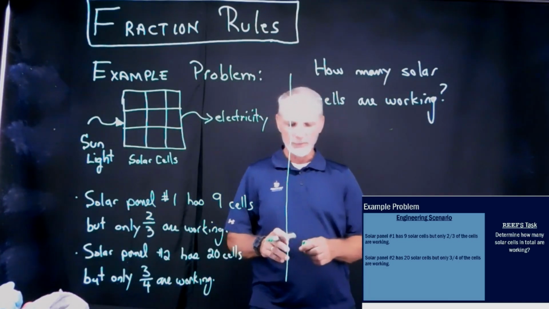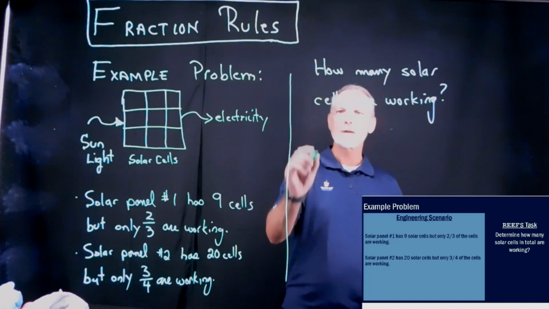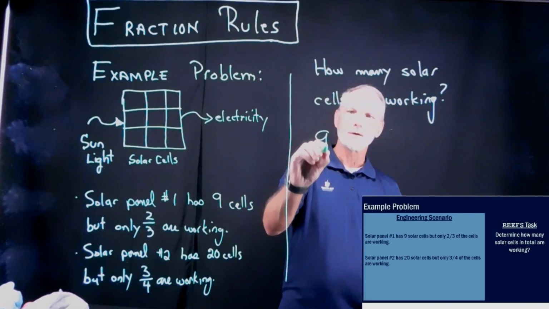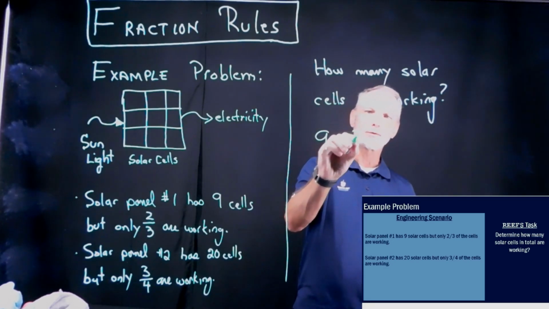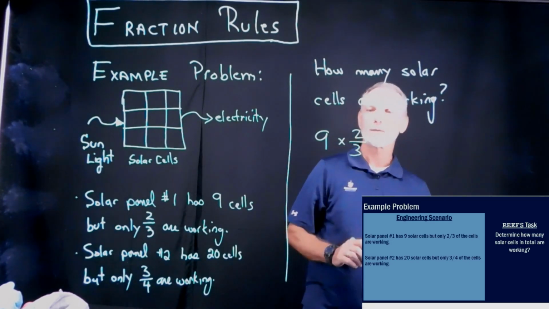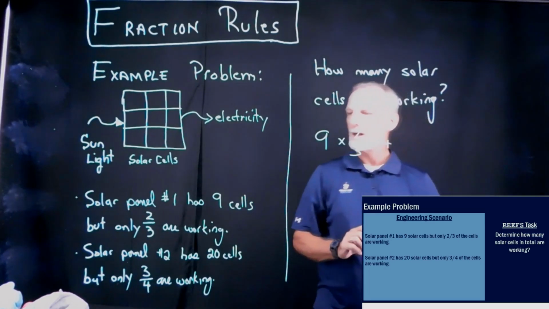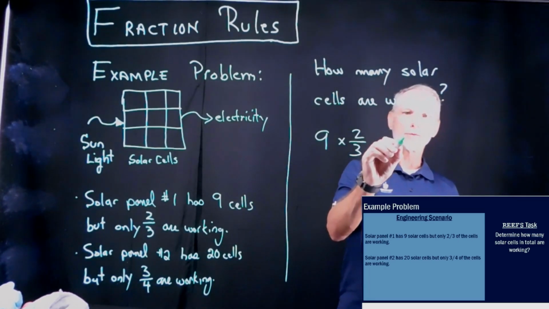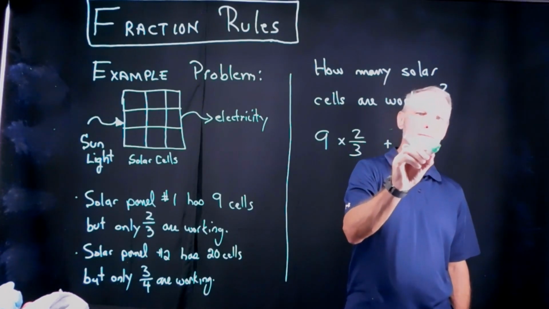We can use our fraction rules to solve this problem. For the first panel, we have 9 solar cells, and the number that are working are 2/3. In the second solar panel, we have 20 cells, but only 3/4 are working.